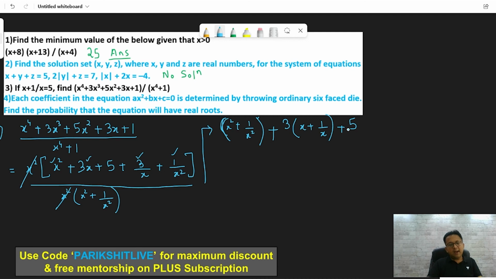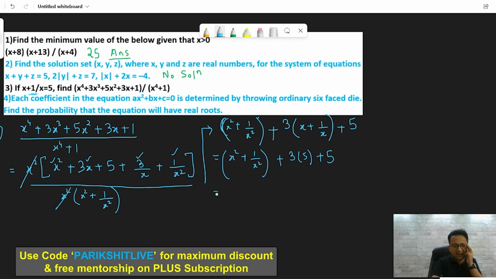I think you are almost through. What do you have? x square plus 1 by x square plus 3 into x plus 1 by x. Remember, it's given in the question that x plus 1 by x is 5. So I can substitute the value and say 3 into 5, plus 5.